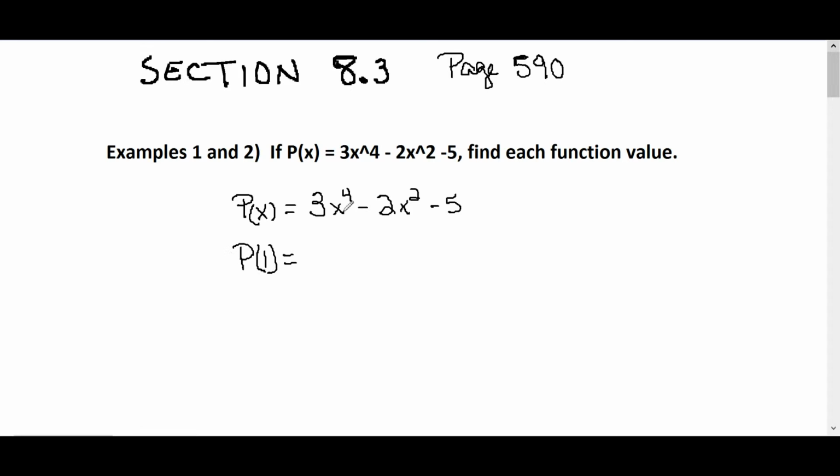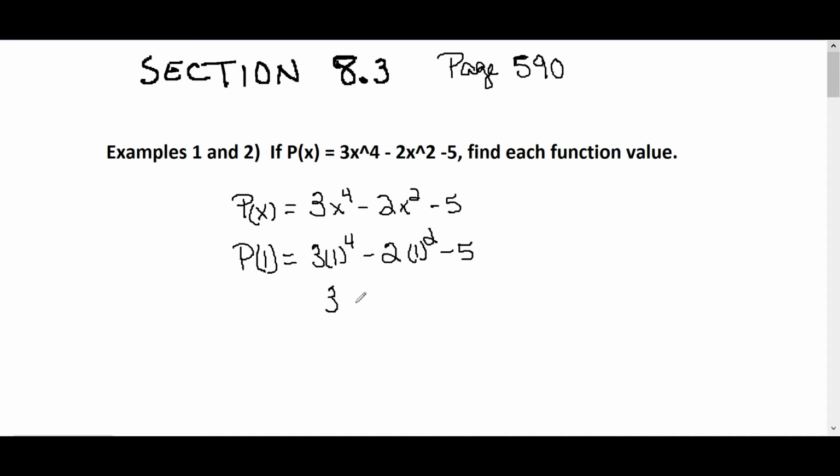So that will equal 3 times 1 in parentheses to the 4th power minus 2 times 1 in parentheses raised to the 2nd power minus 5. Okay, 1 to the 4th power is 1. 3 times 1 is 3. 1 to the 2nd power is 1.